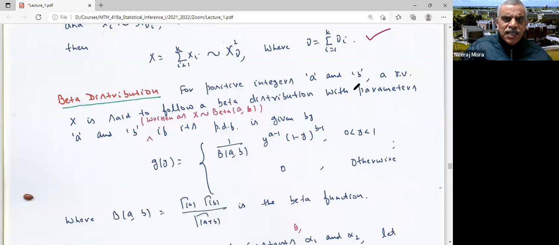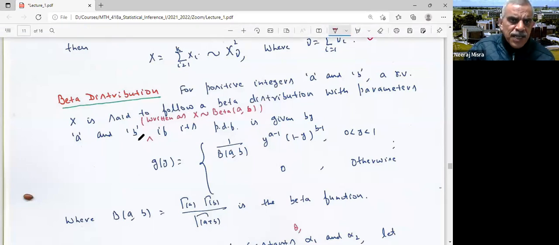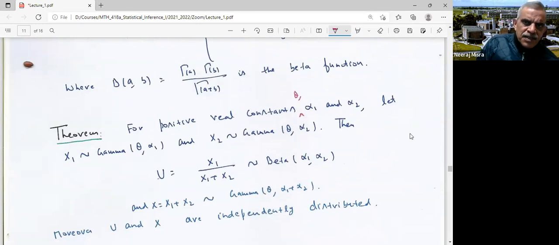For positive integers a and b, a random variable is said to follow a beta distribution with parameters a and b, written as x follows beta a, b, if its PDF is given by 1 upon beta(a,b), y to power a minus 1, (1 minus y) to power b minus 1, for 0 less than y less than 1, and 0 otherwise, where beta(a,b) is related to the usual gamma function, and you know that this quantity, beta(a,b), is also the same as the integral from 0 to 1 of y to power a minus 1, (1 minus y) to power b minus 1.